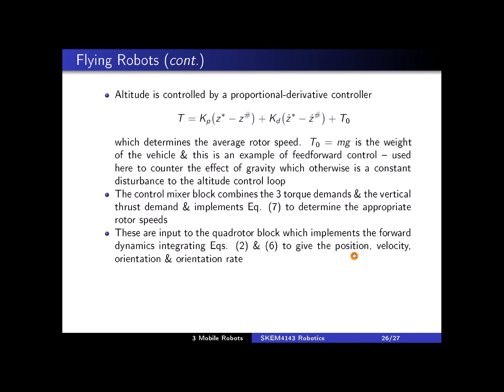Here position is x, y, z, and velocity is vx, vy, vz. Orientation refers to theta x, theta y, theta z. Orientation rate refers to theta dot x, theta dot y, theta dot z.